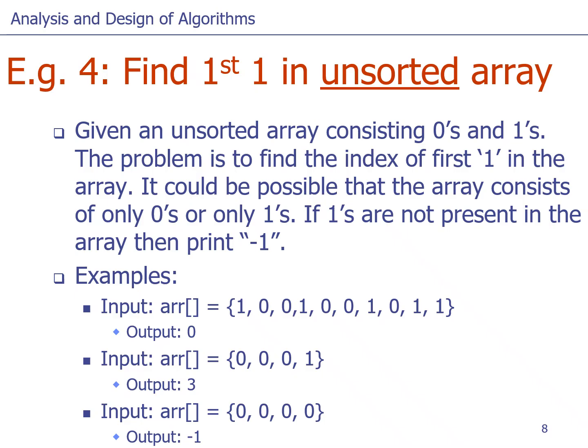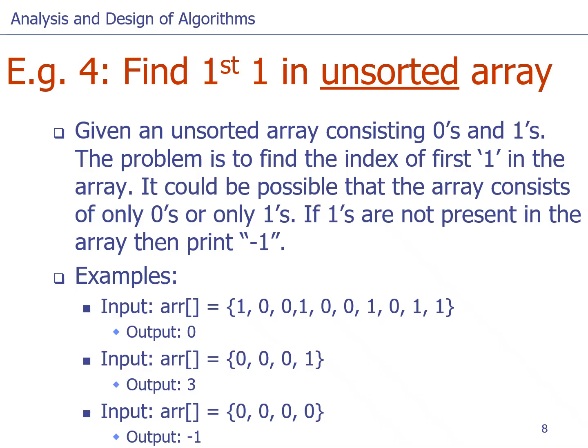Okay? Now, before you jump into designing a divide and conquer algorithm, try to build some observations. And if you look at the examples I've cited here, your first observation should be the one could be anywhere. Your second observation is that because the zeros and ones are intermingled together, I cannot ignore a half like I did before and work with the second half.